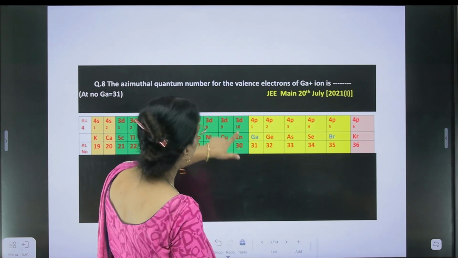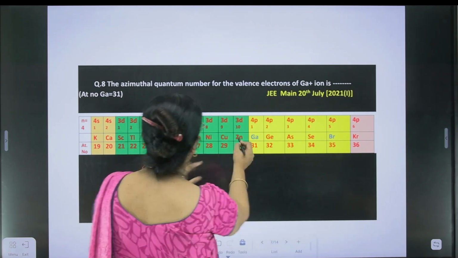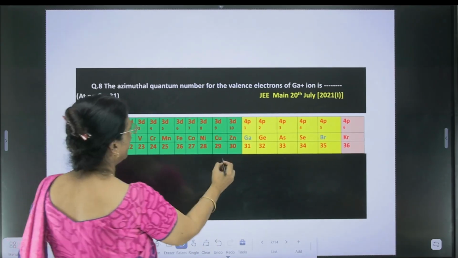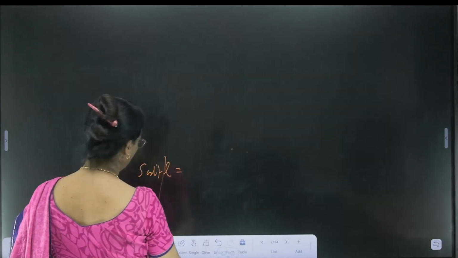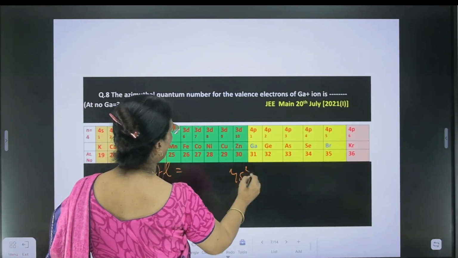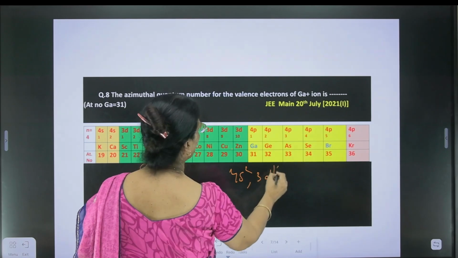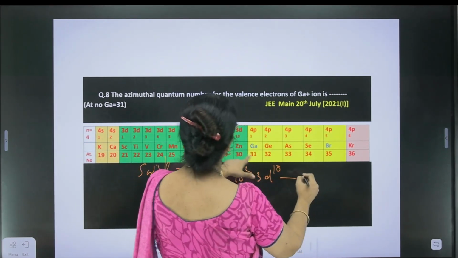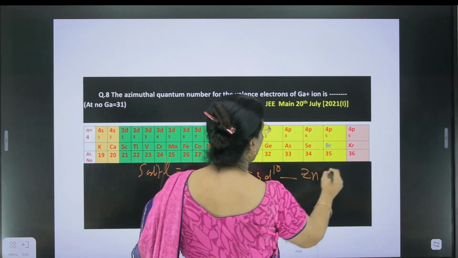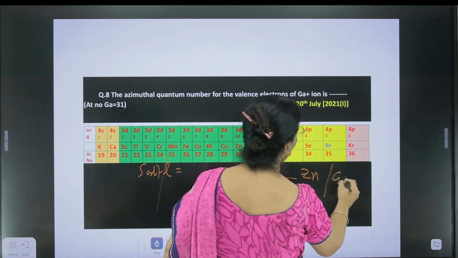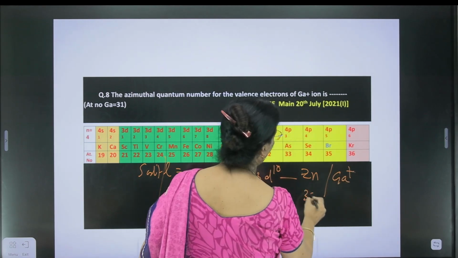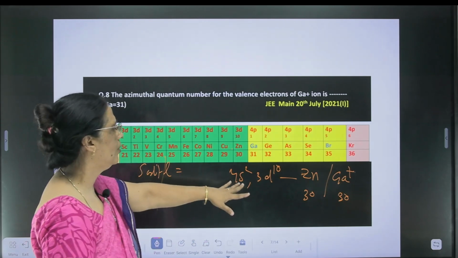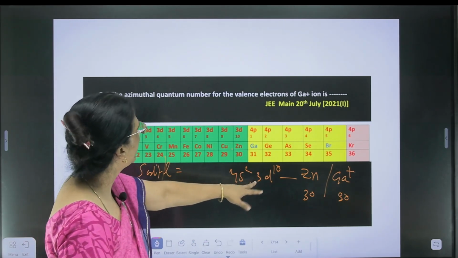30 means it is a system of zinc. What is the configuration of zinc? For 30 it is 4s2 and 3d10. This is for zinc, and it is also the same for gallium plus. Both having 30 electrons, they are isoelectronic, so the electronic configuration will also be the same, 4s2 and 3d10.